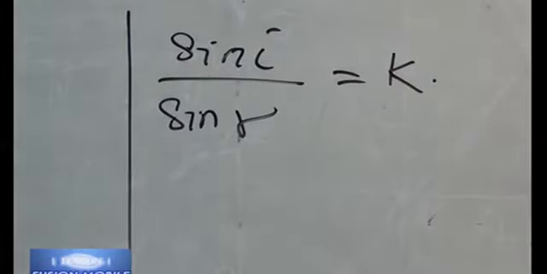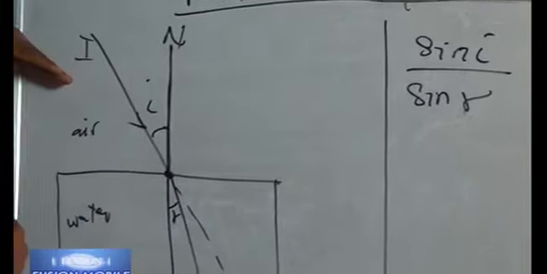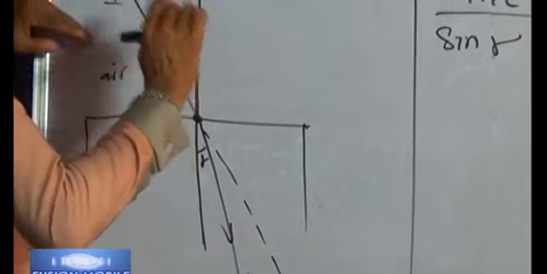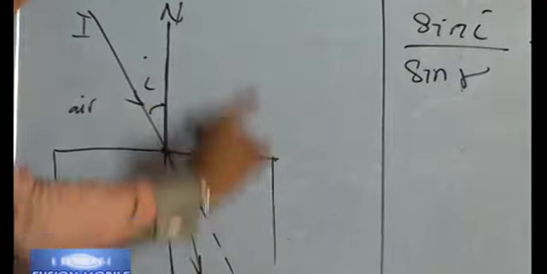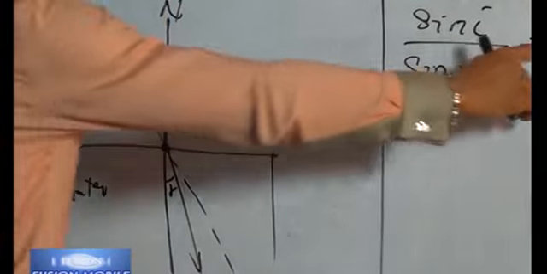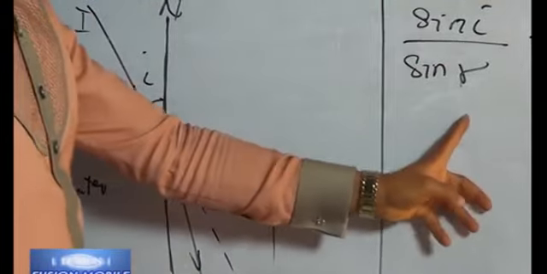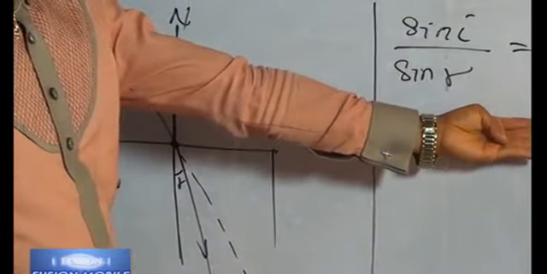If I push this thing this way, even if I decide to change this way, this will also change in such a way that my answer here will remain the same. As I'm changing it, my answer here must remain the same. We'll say that sine I over sine R is equal to a constant. And that is the second law of refraction.